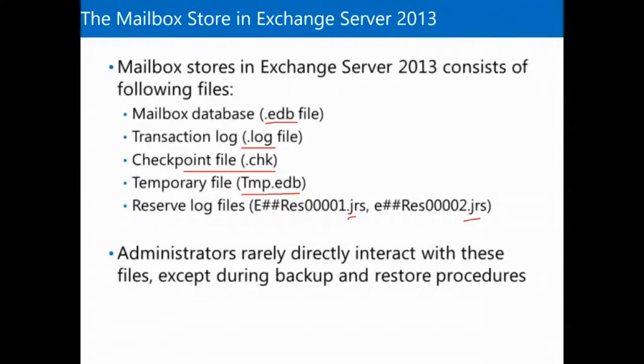Until the transaction is committed to the mailbox database, the only existence of this data is in RAM memory and in the transaction log. All transactions, completed or incomplete, are logged to maintain data integrity in case of a service interruption. Each database has its own set of transaction logs.